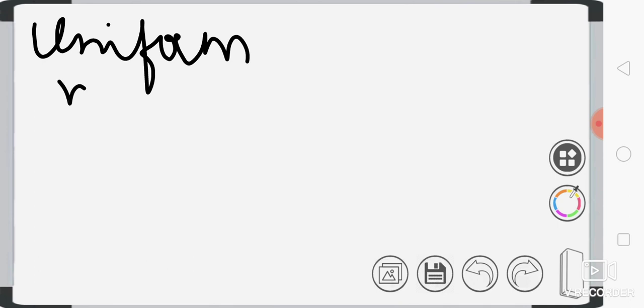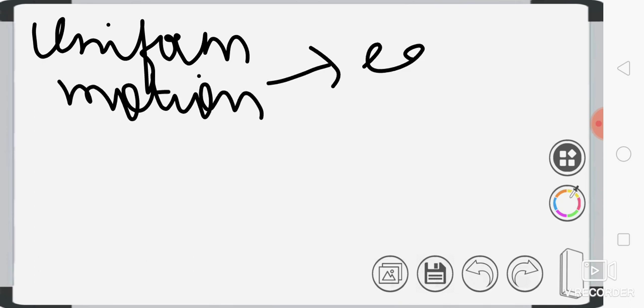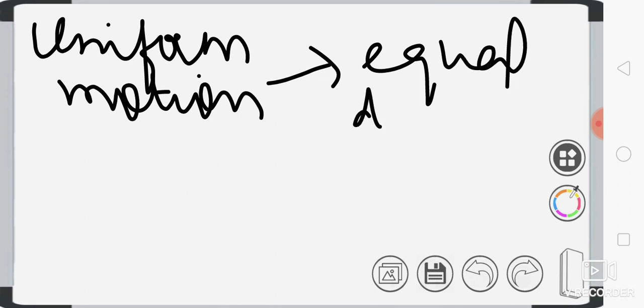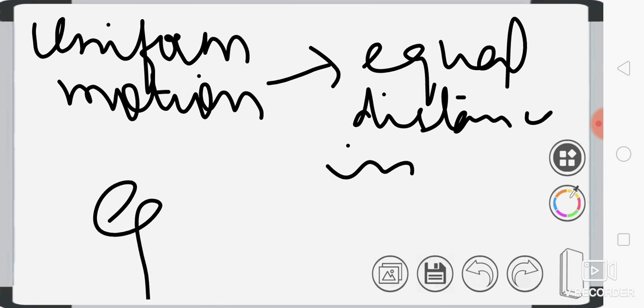So how should we write? For uniform motion, we need equal distance in equal interval of time.